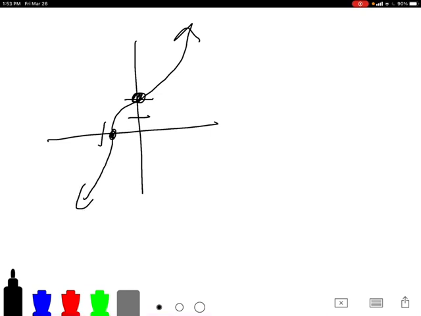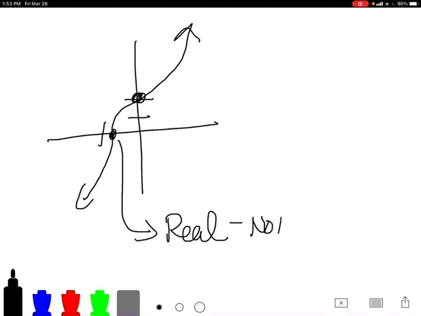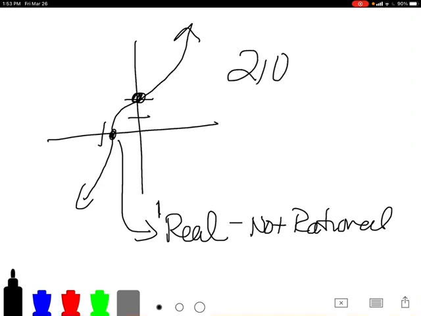It has a real zero, but since none of those possible rational zeros worked, it's real, but it's not rational, or it's irrational, we would say. So I think we have one real zero that's not rational, which I'm curious about. I was a little stumped, and then I think we have two non-real zeros, I believe.